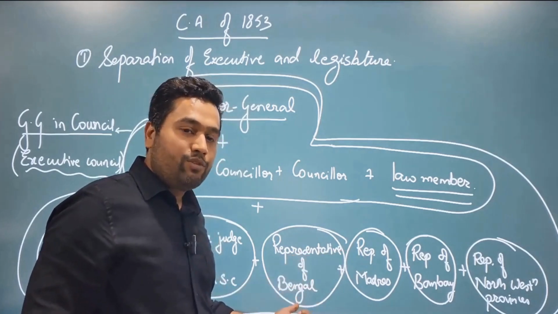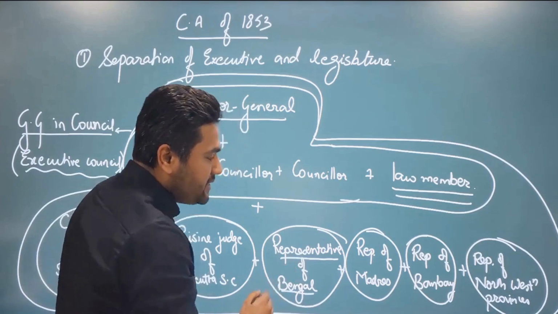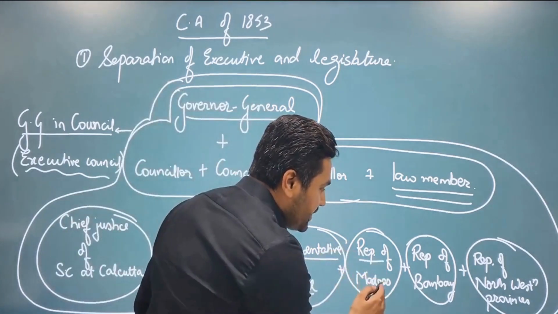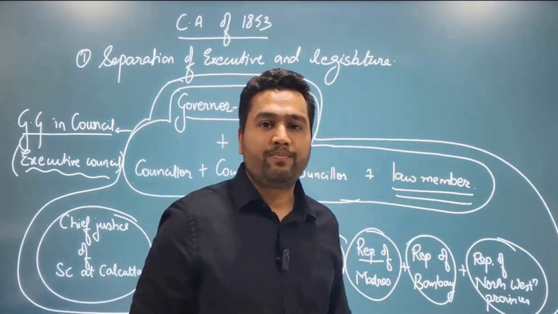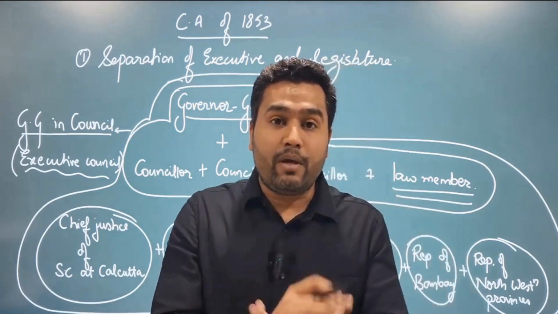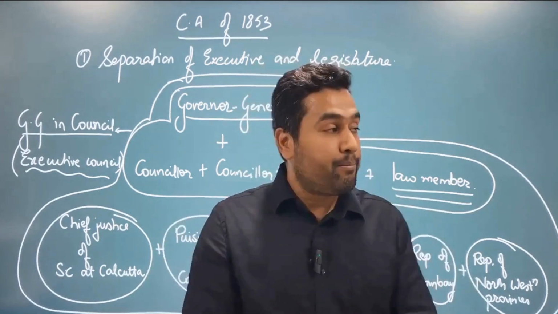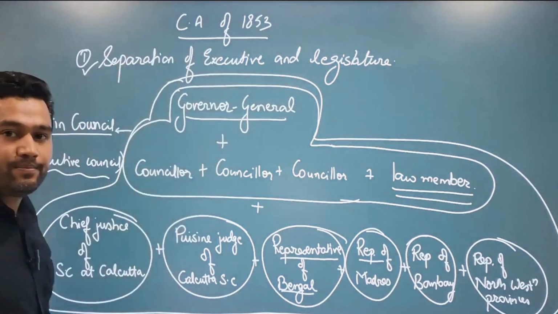And when the Legislative Council was created, it had a provision for separate representative of Bengal Presidency. There was a representative of Madras Presidency, representative of Bombay, and representative of northwestern provinces. So the Charter Act of 1853 is notable for separating executive with legislature.